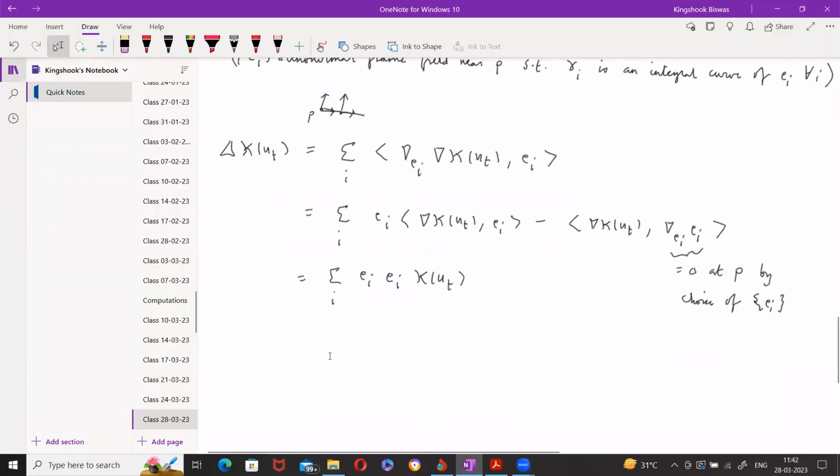So we have this computation. We're looking at the Laplacian of the kinetic energy kappa. So this is the sum over I, EI of kappa ut.